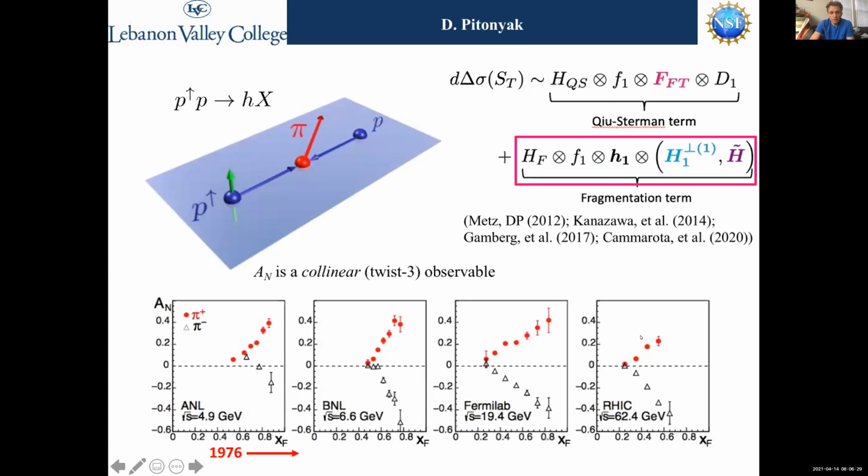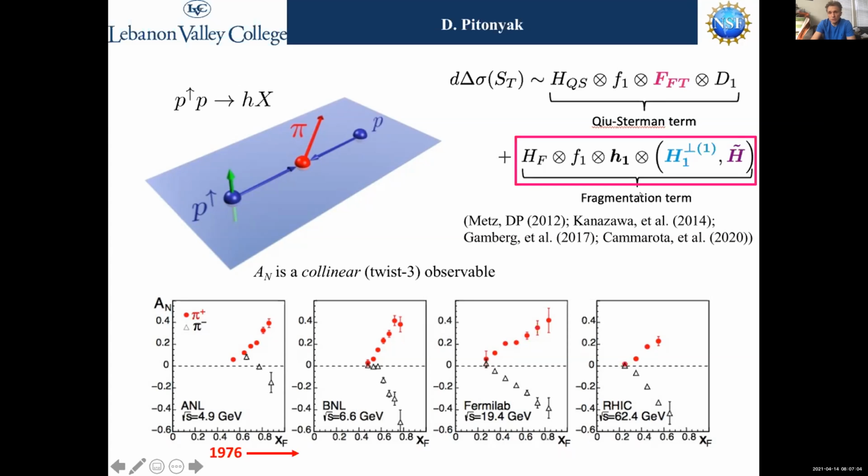A_N in proton-proton collisions, the left-right asymmetry, is a notoriously known collinear twist-3 observable, as it only has one measured scale, and it can be described in the twist-3 formalism by a combination of the Qiu-Sterman term due to the Qiu-Sterman function and the fragmentation term due to the q q-bar fragmentation function and this additional function H-tilde.